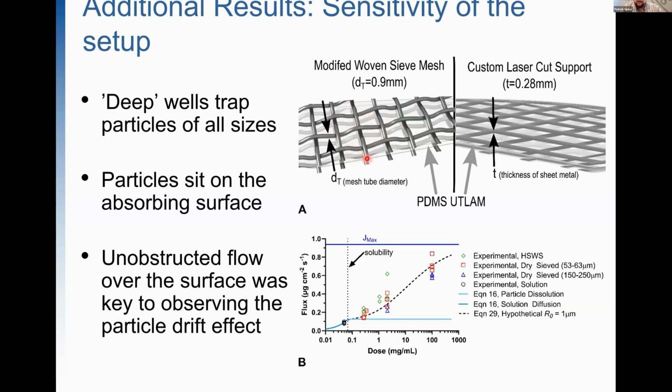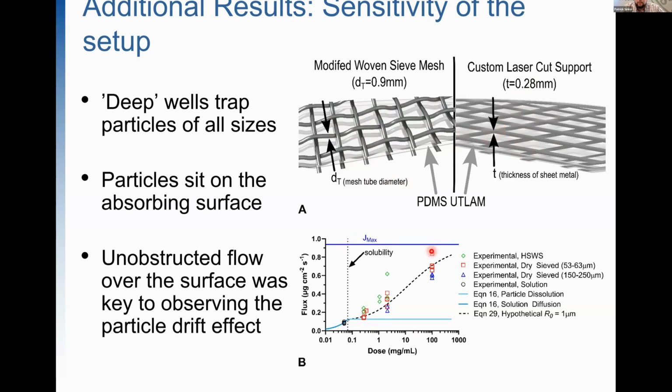The issue with this is that these woven wires actually create pockets that are almost a millimeter deep as compared to the very flat planar surface of the custom laser support. What this allowed was for particles of all sizes to get trapped in these deep wells where we had very nice flow of the fluid and particles over this flat surface in the final diffusion cell.